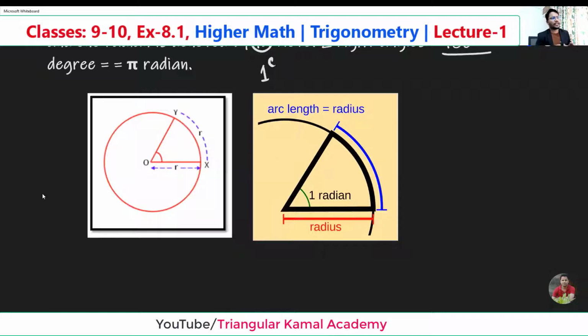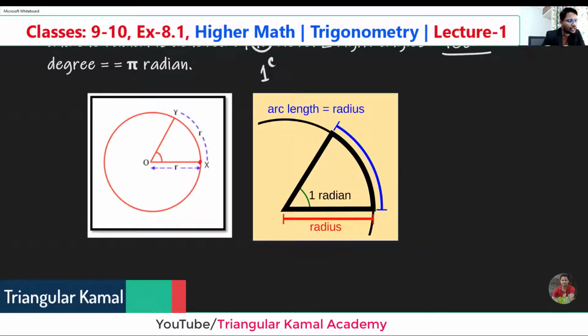Let's see the figure to clarify the definition. This is a circle whose radius is r. Place the pointer at the position here and take the measure of the radius OX, and cut the arc here on the circumference. That means arc XY is equal to the radius OX. Then join OY, and you will get this angle.